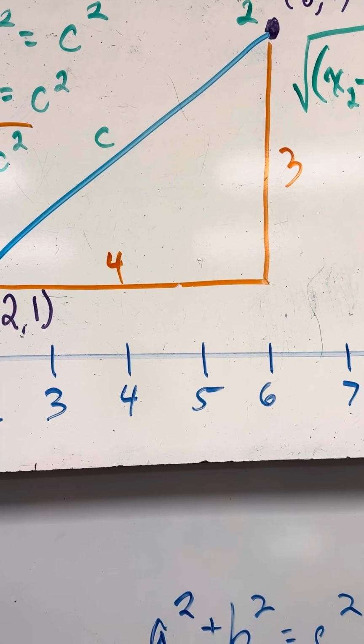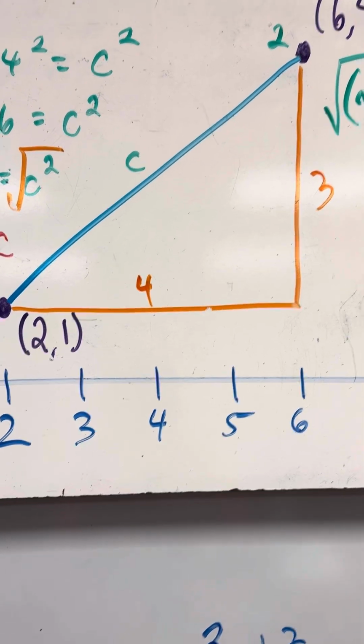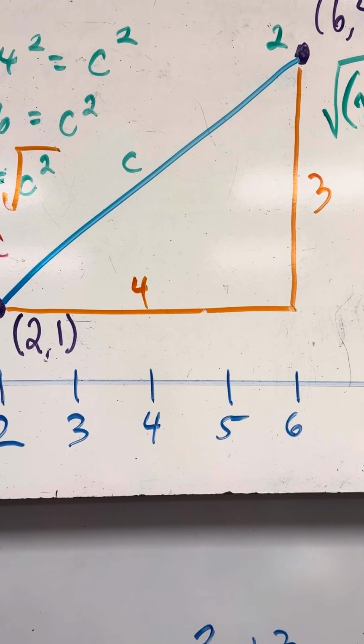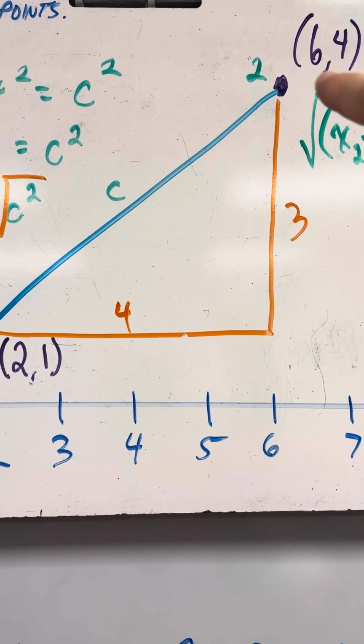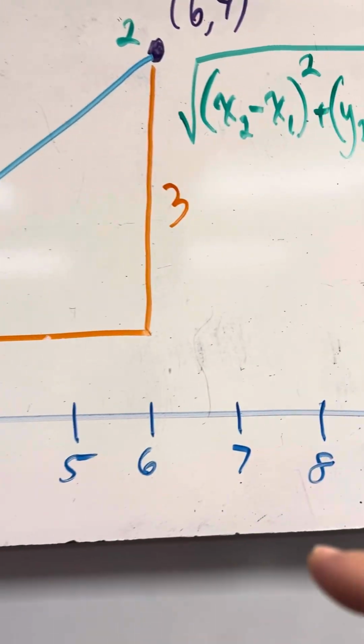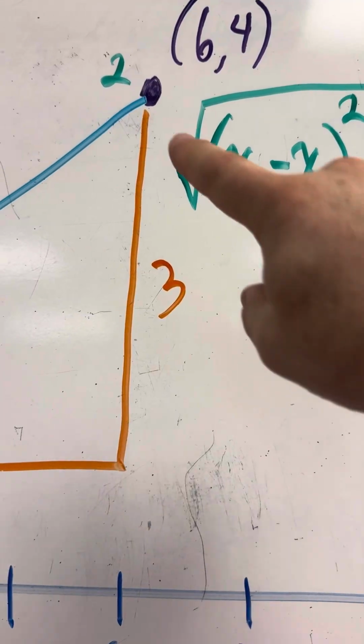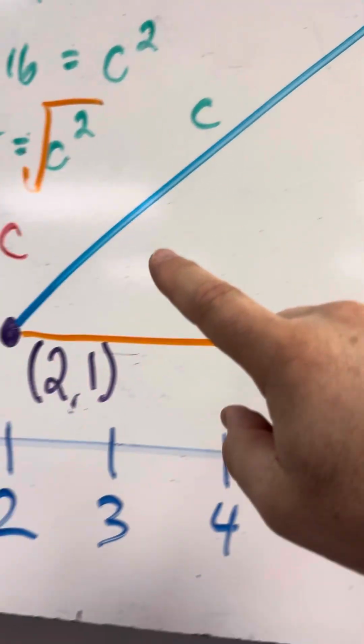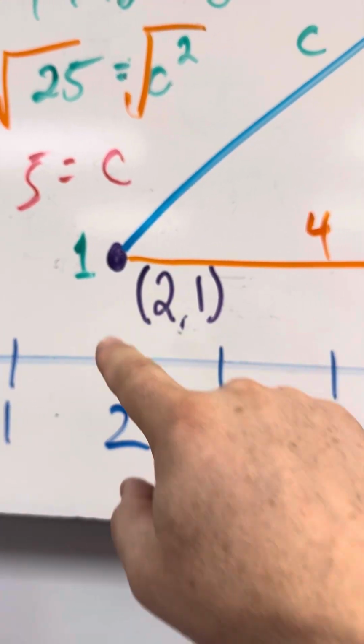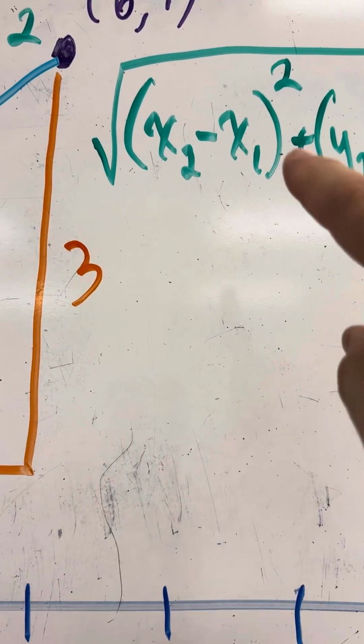So here's what we've done to find the distance between 2 points. We've taken 6 minus 2, the x value for point number 2, and we subtracted the x value for point number 1, and then we squared it.